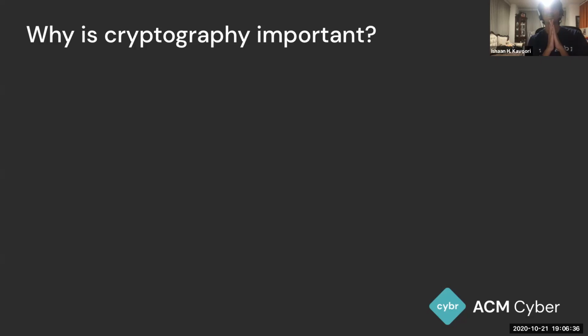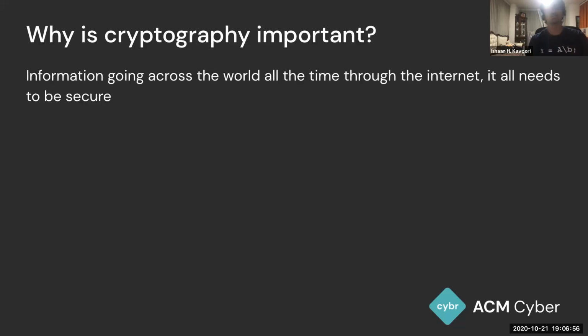Just imagine what chaos would happen if anyone could intercept random emails, communications from the government, bank account information. So it all needs to be secure. Let's talk about one of the most widely used ways to secure information across the web, and that's RSA encryption.